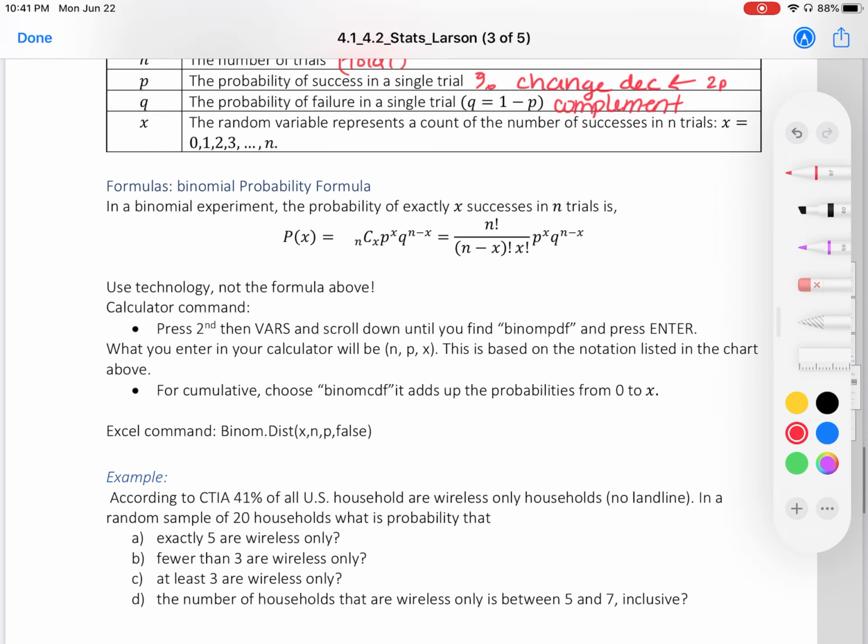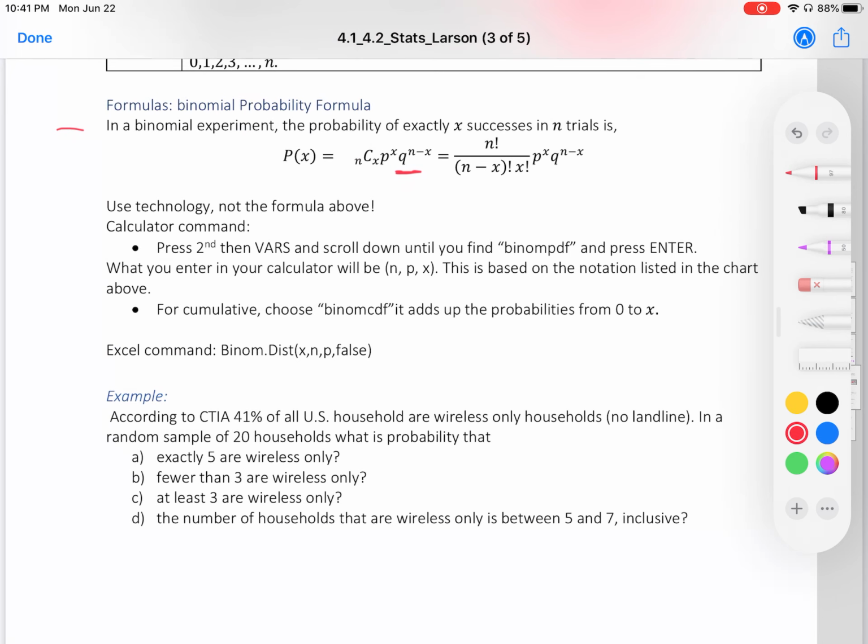All right, we have a crazy formula and why we spent so much time with factorials back in our last chapter. So here's our formula. For a binomial experiment, the probability of x successes in n trials is n choose x with your probability raised to the x power times your complement with the exponent of n minus x. Okay, please don't use this formula.